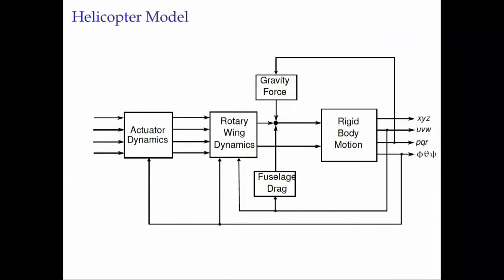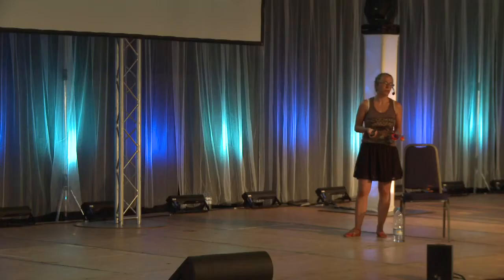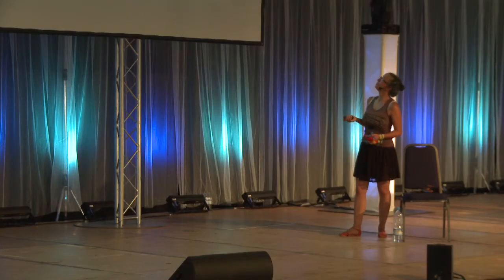So you have your rotor dynamics, your tail rotor dynamics, the rigid body motion, as well as some additional forces like drag. So this would be a really simple model you could use either for a helicopter or for a tricopter, quadrocopter.